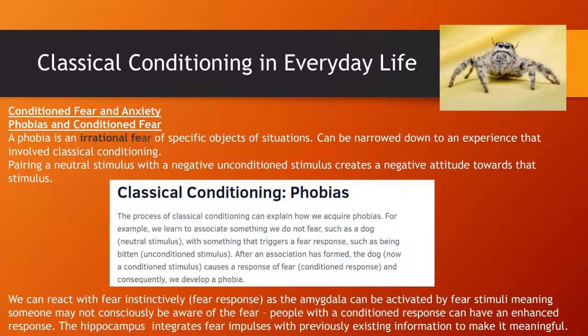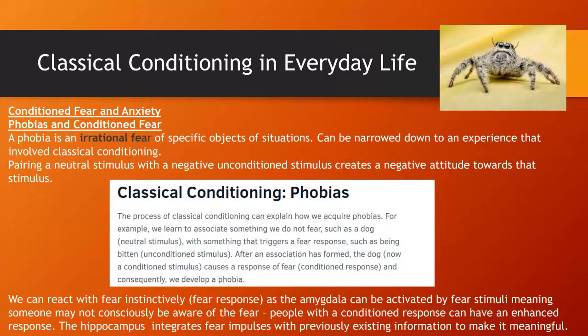So it can explain how we acquire phobias. For example, we learn to associate something we do not fear, a dog, as a neutral stimulus, with something that triggers a fear response, such as being bitten. So you might have loved dogs. Dogs might have made you happy, but a dog bit you. Okay, so the dog that was previously neutral has now been paired with biting.